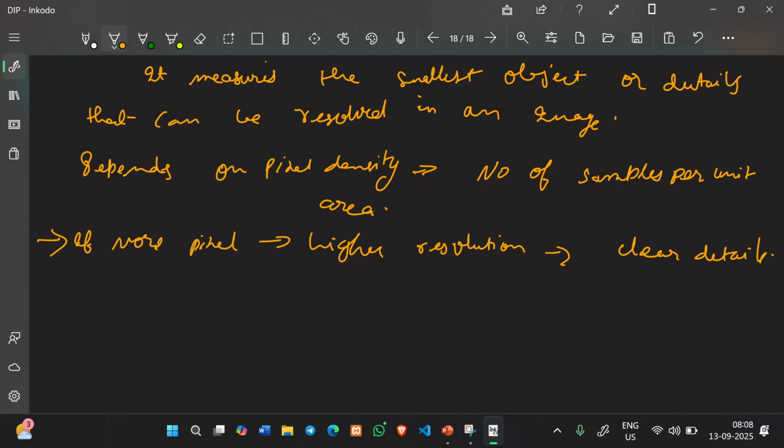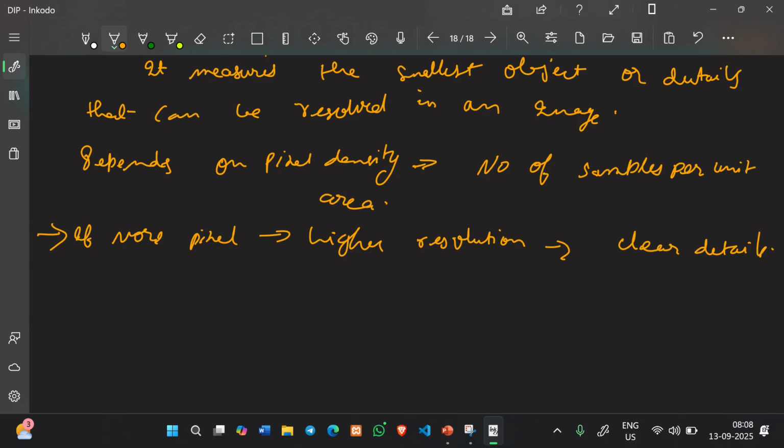Okay, so the next one is gray level resolution. So what is it?